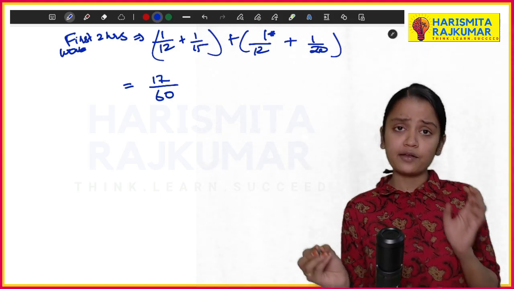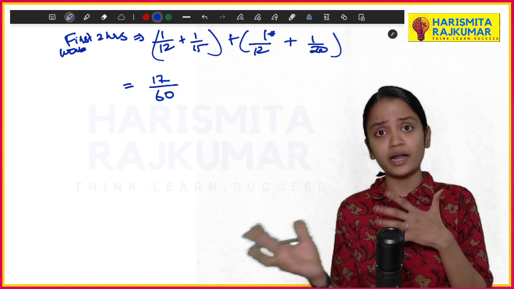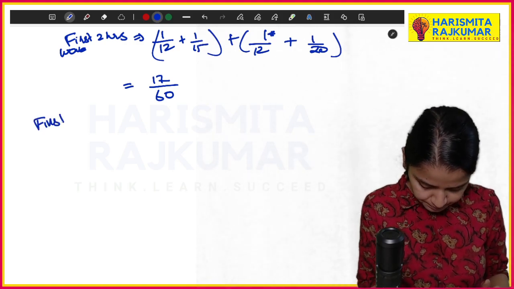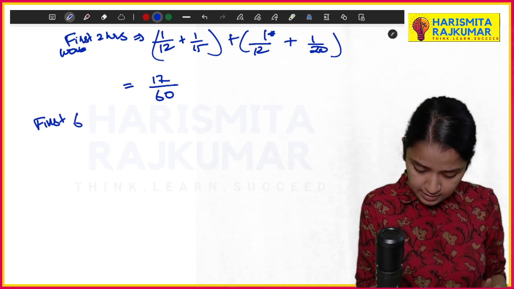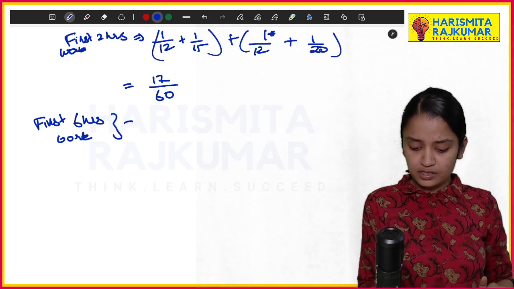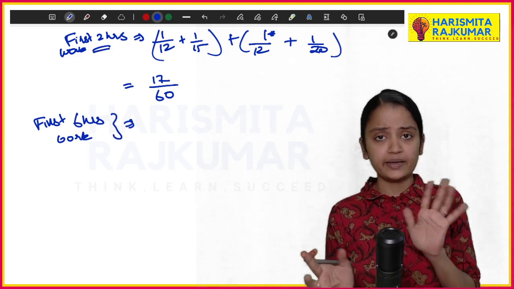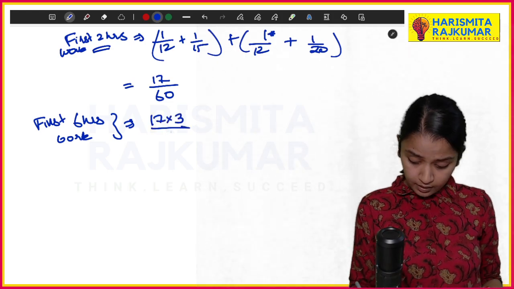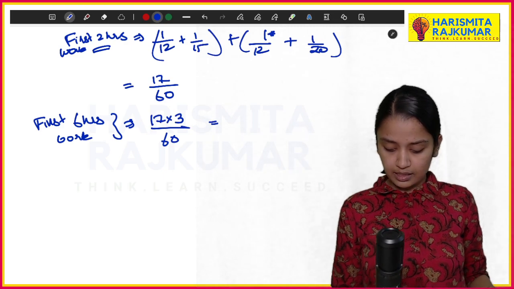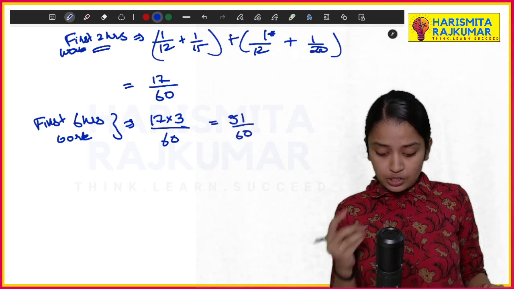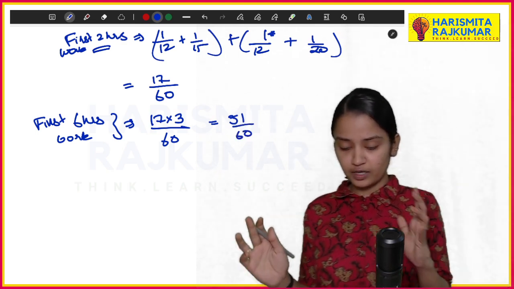In the same way, for the first 6 hours of work, 2 hours into 3 gives 6 hours, which is 17 into 3 by 60, which is nothing but 51 by 60. This is the first 6 hours of work.